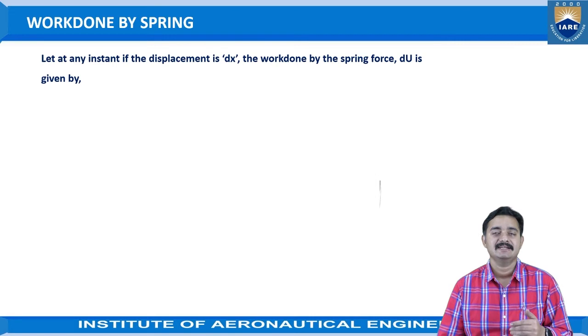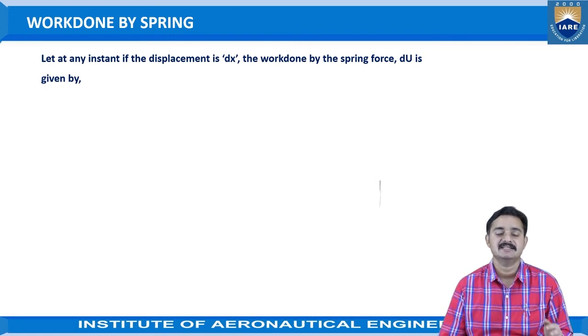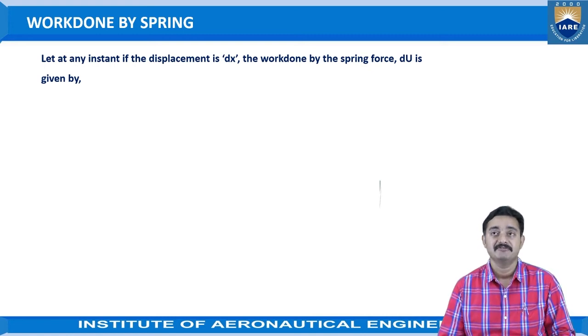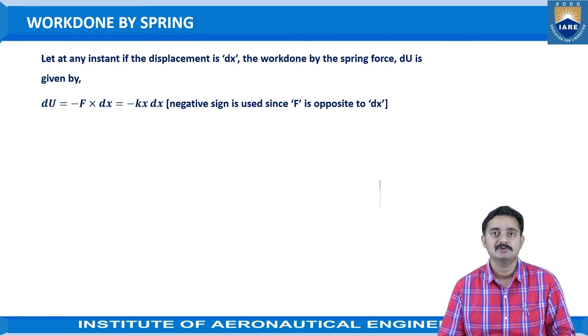Now at any instant, let us consider that the displacement of the spring is dx. The work done by the spring force, dU, is given by dU is equal to minus F into dx.